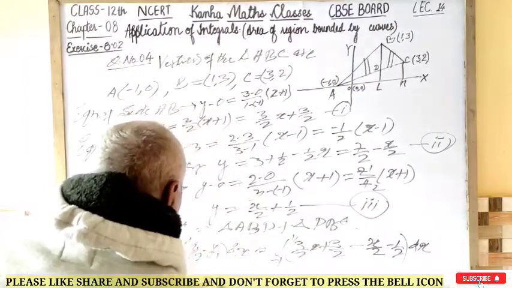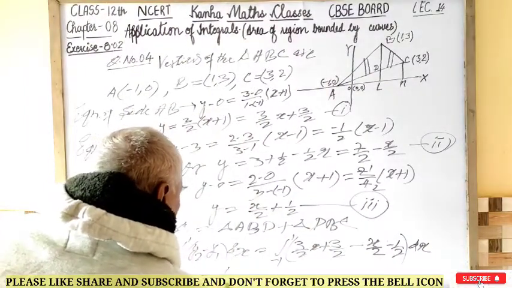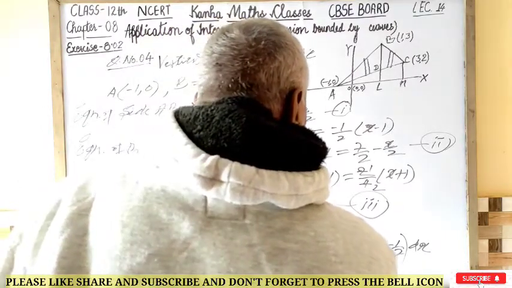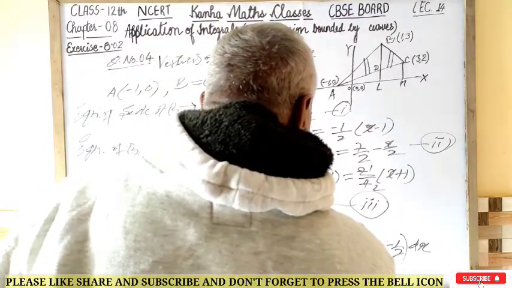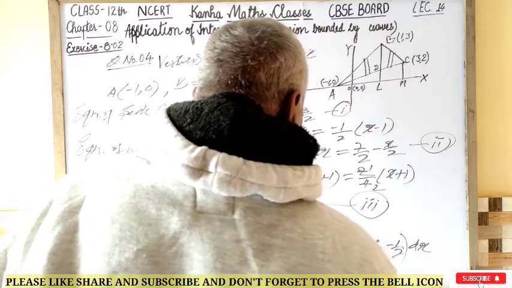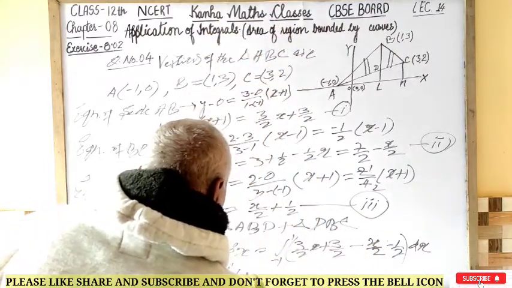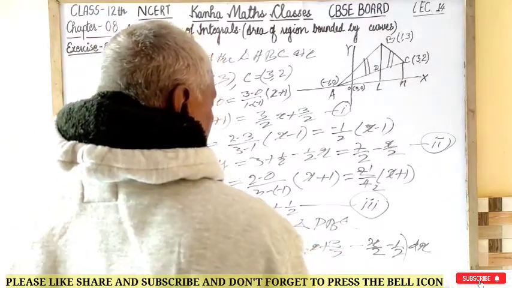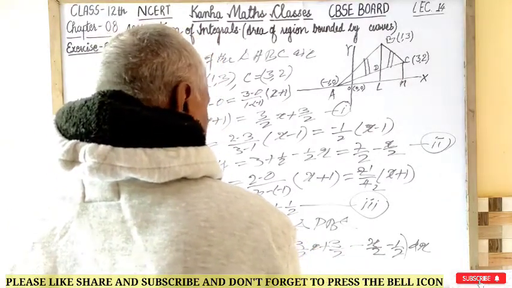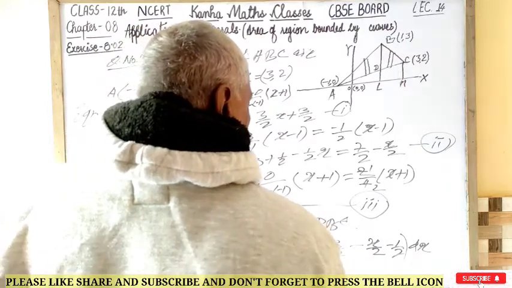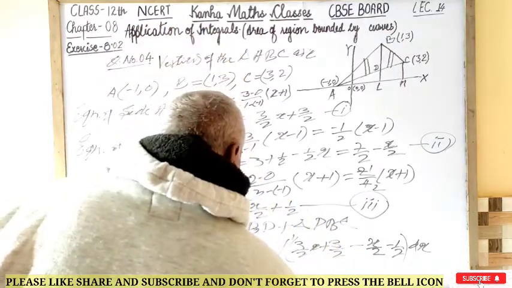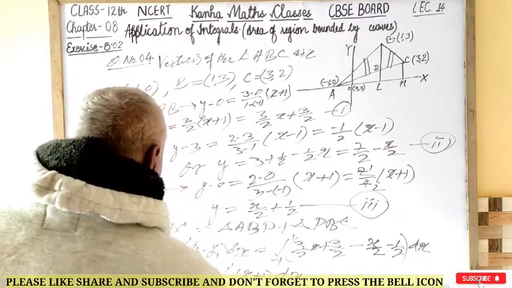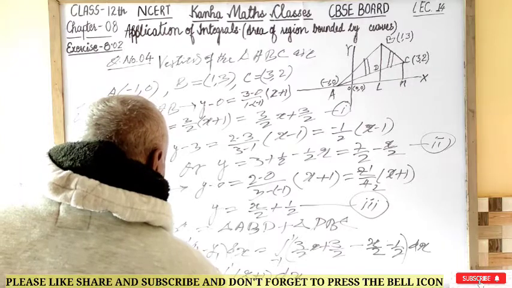Now from minus 1 to 1, here 3 by 2 x minus x by 2 is left only x. 3 by 2 x minus x by 2 means x, and 3 by 2 minus 1 by 2 means plus 1, dx. This is triangle ABD.